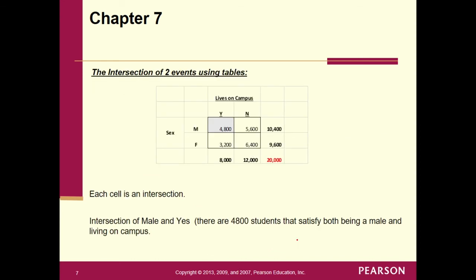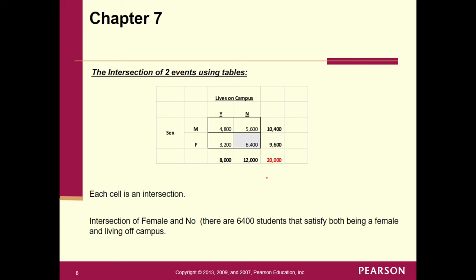We could also use our tables here. And actually using the tables, it's real simple because each cell is representing an intersection. For instance, this right here is representing the intersection between yes, they live on campus, and males. This is representing females and no, meaning they live off campus.